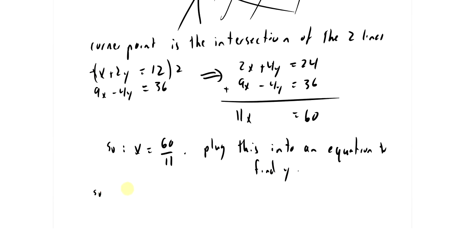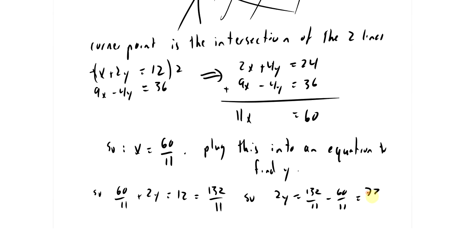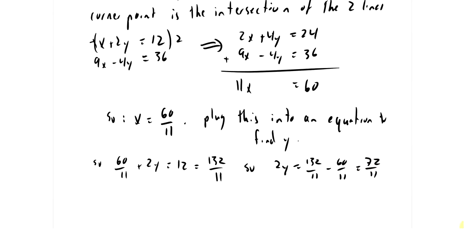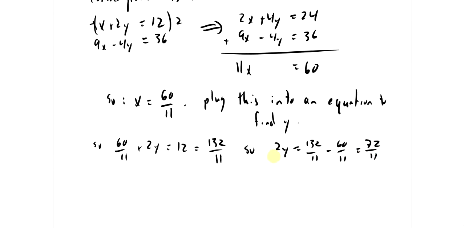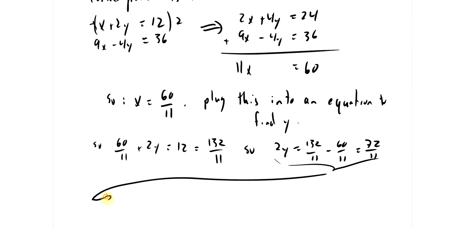So 60 over 11 plus 2y equals 12. And keep in mind that 11 times 12 is 132. So 12 is 132 divided by 11. So moving the 60 over to the other side, we get 2y equals 132 over 11 minus 60 over 11, which is 72 over 11. And then dividing both sides by 2, coming back over here, we get y equals 36 over 11.